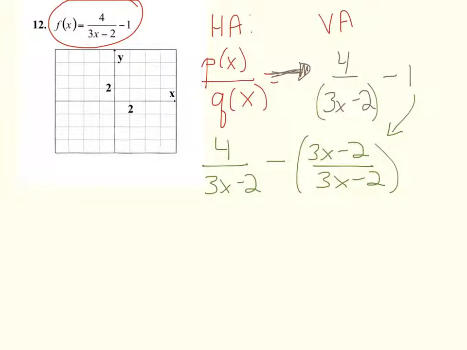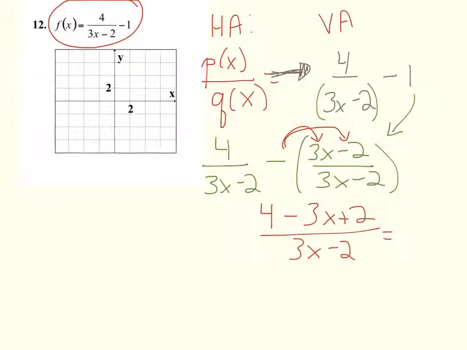Again, that's equivalent. And now it's just a matter of simplifying. So I have 4 minus 3x plus 2 over 3x minus 2. So that'll simplify to negative 3x plus 6 over 3x minus 2.